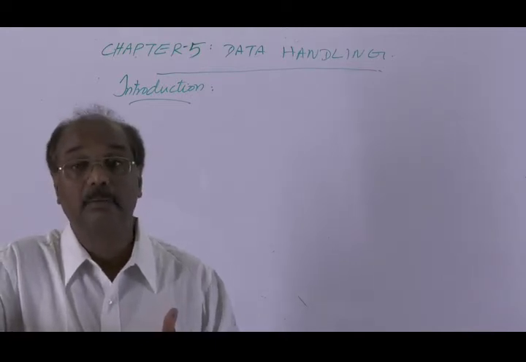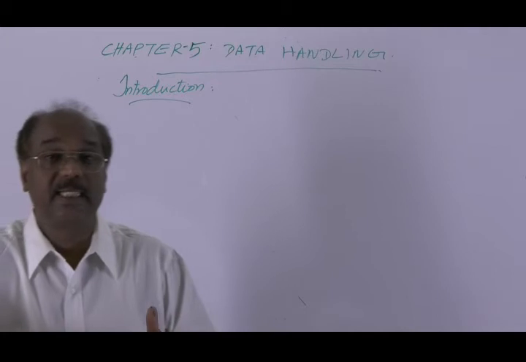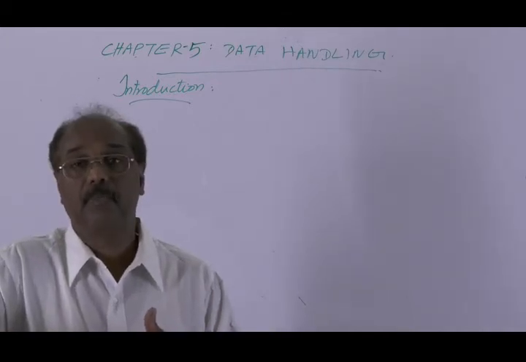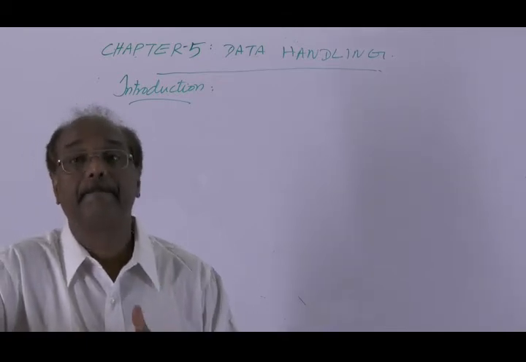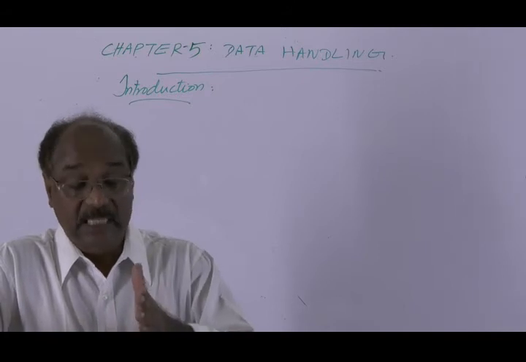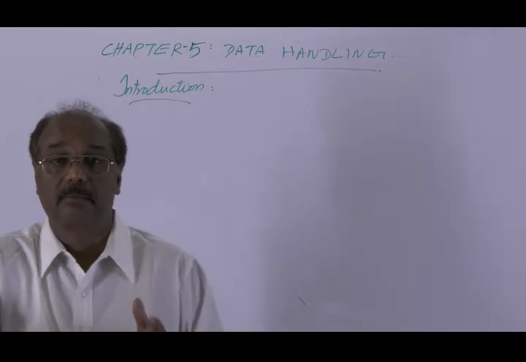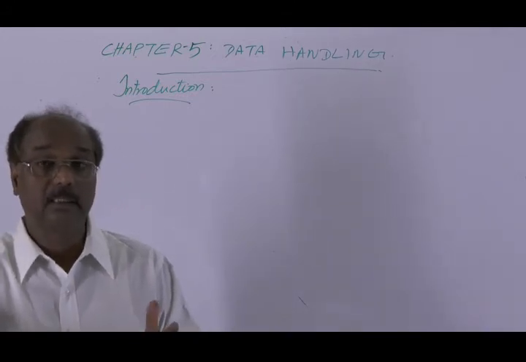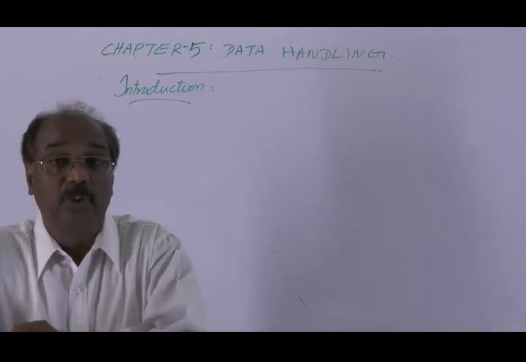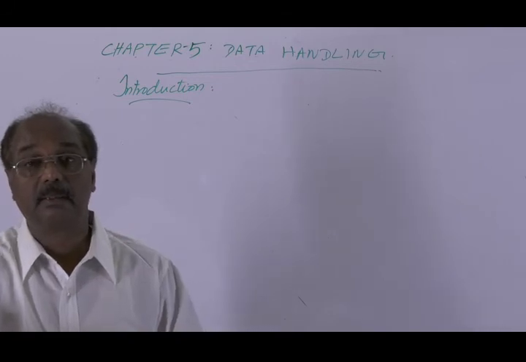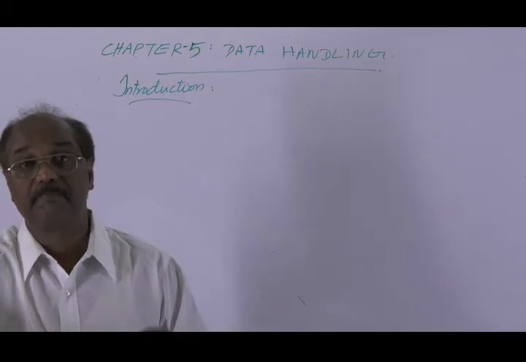For example, in the case of a school, students studying in various classes. Suppose we are interested in the 8th class students and also interested in the marks obtained by the students for mathematics. Then we can have the observations corresponding to each student, the marks obtained for mathematics.